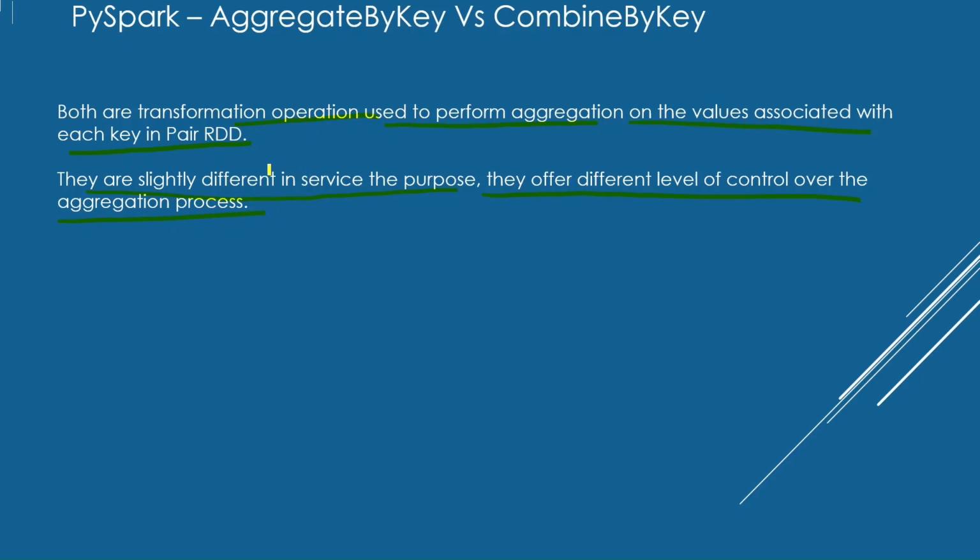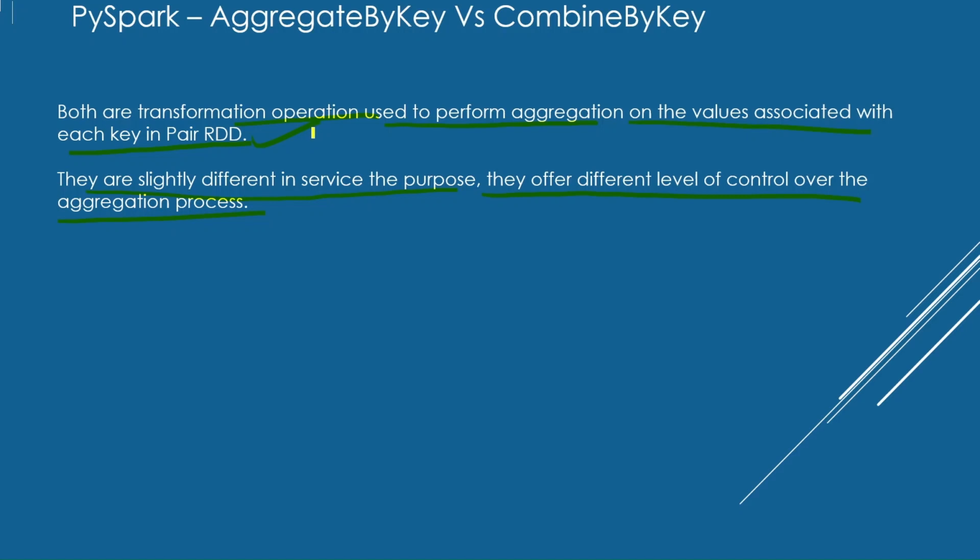I will discuss in detail, but let's understand this point. It is a transformation function on the pair RDD, where the data is present in key and value pairs, and once the data is aggregated, the values are merged for each key.